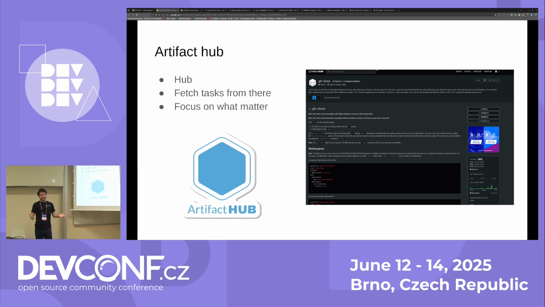which, as the name suggests, is a hub which hosts artifacts, and it's available for everyone to use. And there are a lot of community pieces there that we can just look for and use in our projects. So we can search and use the Artifact Hub for open source Tekton tasks or pipelines, container images.